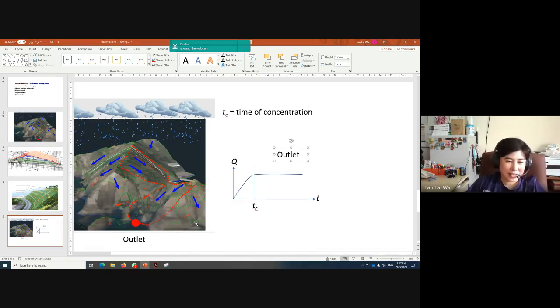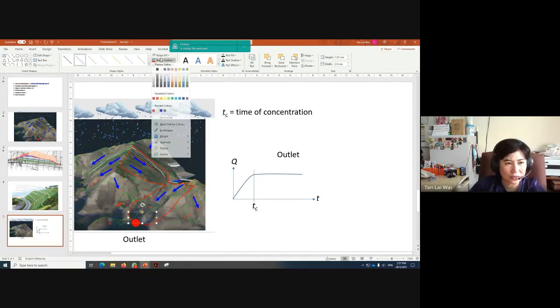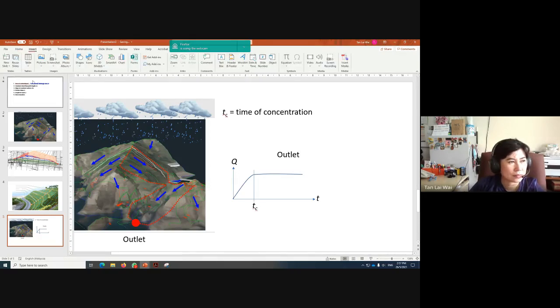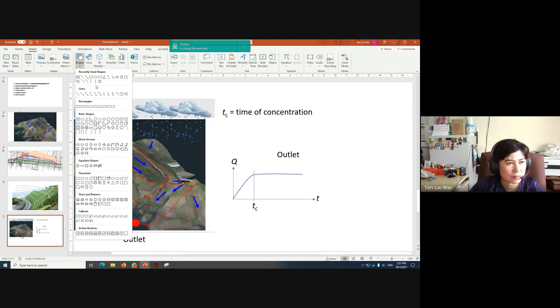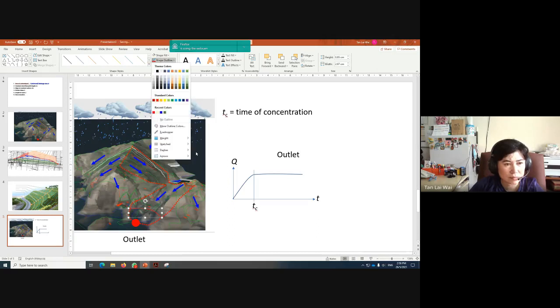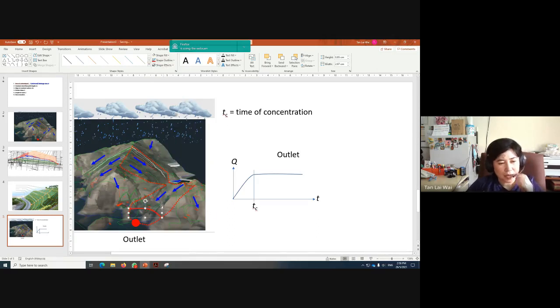Now, here's the thing. When rain falls on this area, I imagine the Q that will come out from the outlet is just from the area draining out.